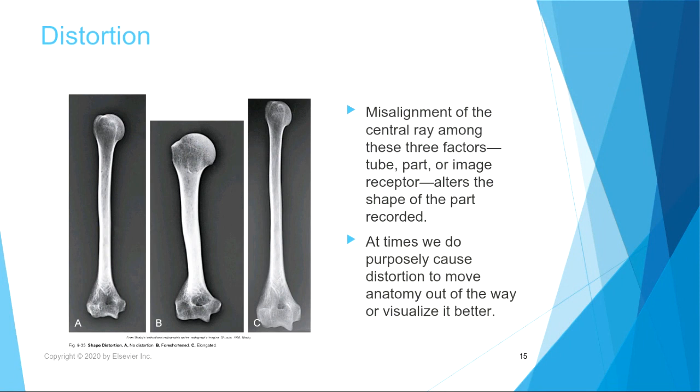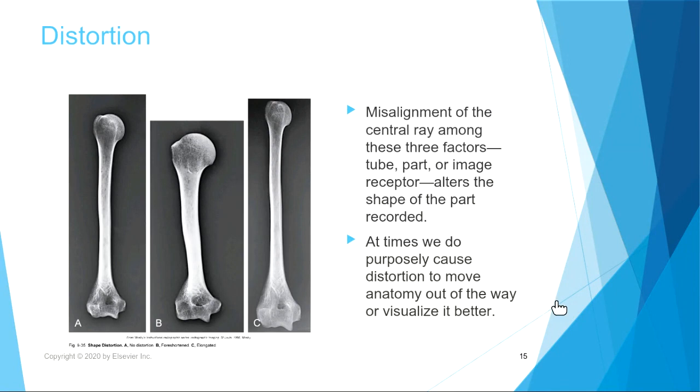All right, this picture comes from page 106. And these three pictures are actually the same bone, but it's showing you how you can actually cause shape distortion.